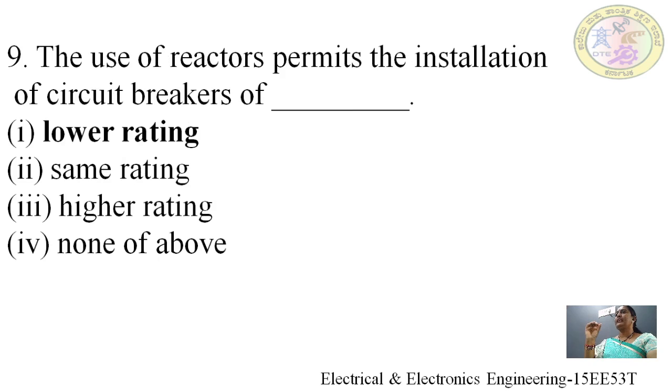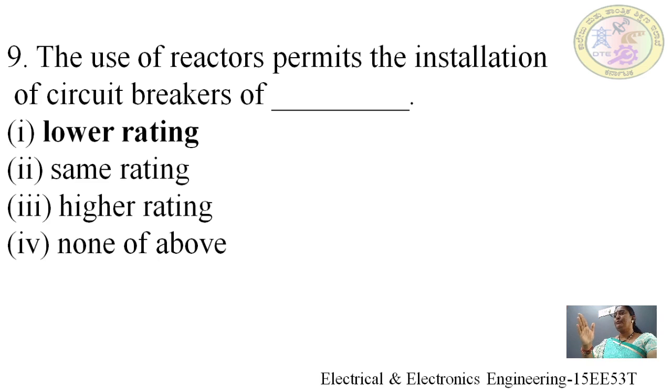Next, we will see that the use of a reactor permits the installation of a circuit breaker of what rating? What will the reactor do? It will limit the short circuit current. Because it limits the short circuit current, obviously the circuit breaker rating also gets lowered.